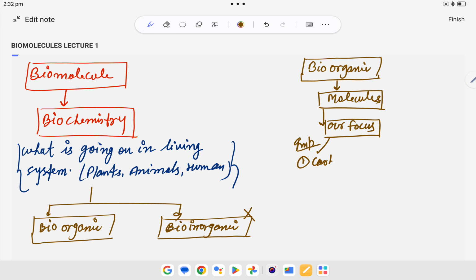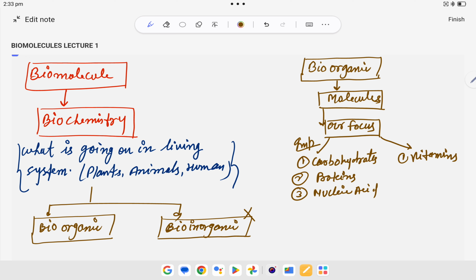carbohydrates, protein, and nucleic acid. And the remaining are vitamins, lipid, and hormones.